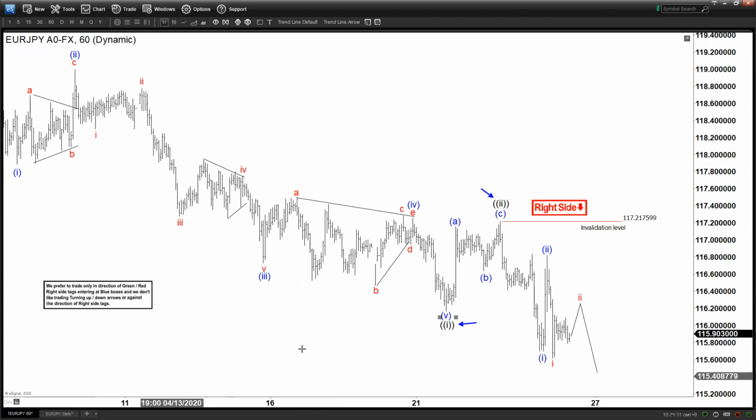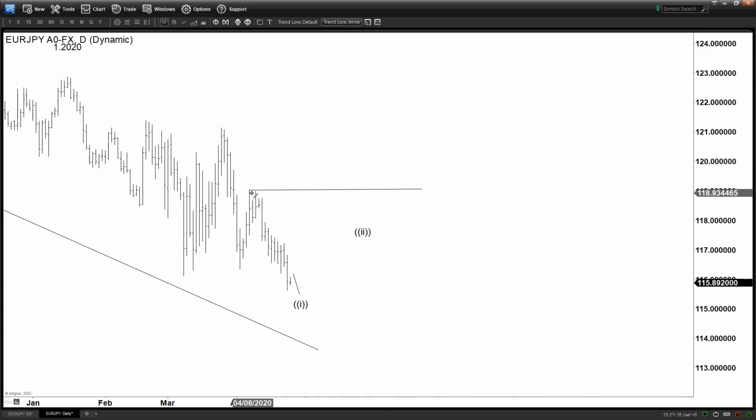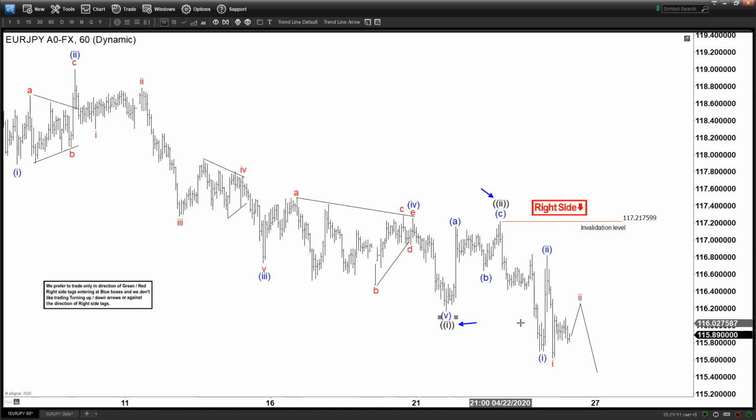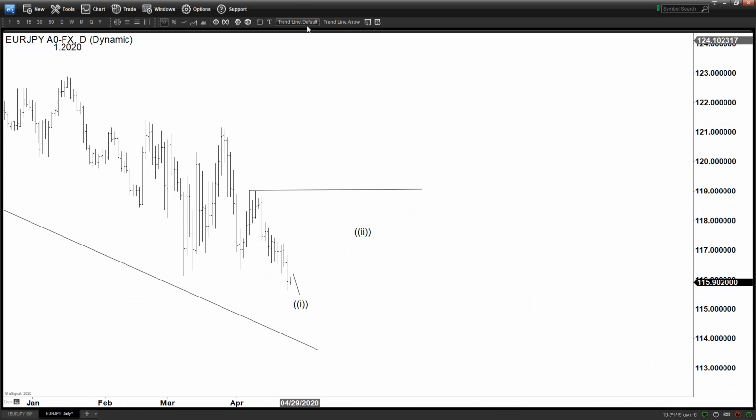So instead of just correcting this and staying below 117 and going down, this could potentially end here as a 5 waves. This new low could still be part of the same wave 1, and then we could see a bigger bounce from there, something like a bigger 3 bounce. So if you just rely on 117, that level can be broken if this alternate plays out. We can be doing something like this, then turn lower again.